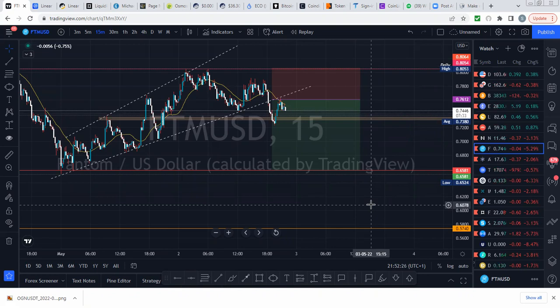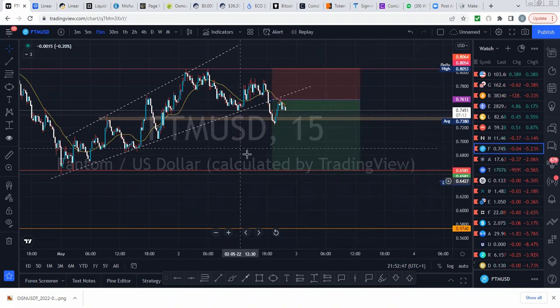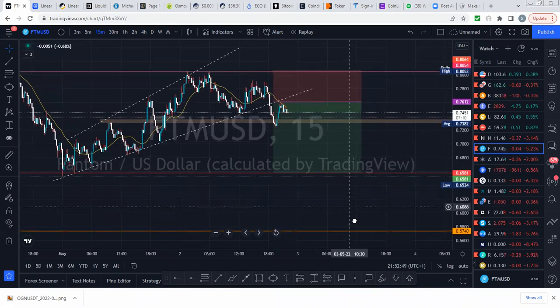Luna, FTM, Ethereum. So is this FTM against USDT or USD? It's USDT. Okay, I never noticed this. USDT.